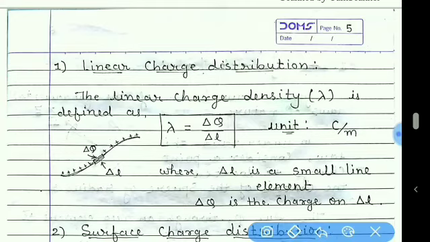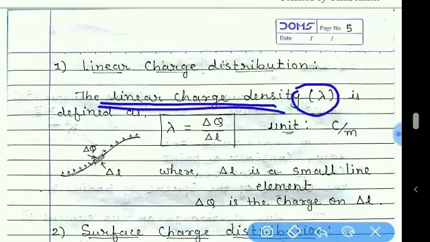Such a distribution is called linear charge distribution, and the density related to this is called linear charge density, and the linear charge density is denoted by lambda.